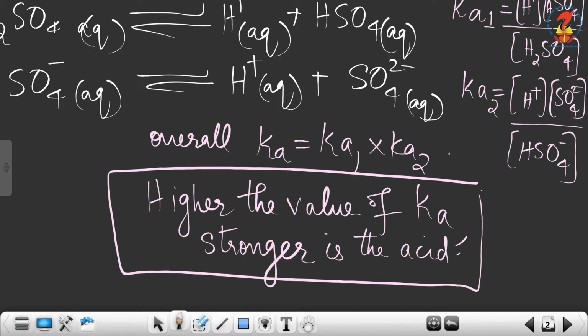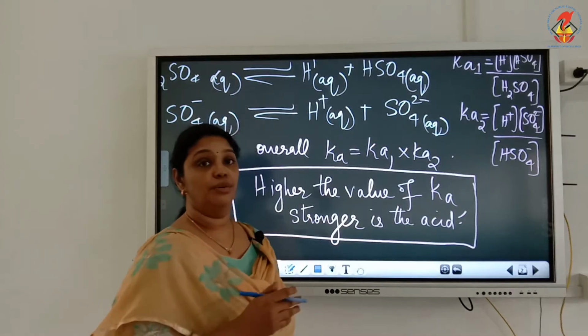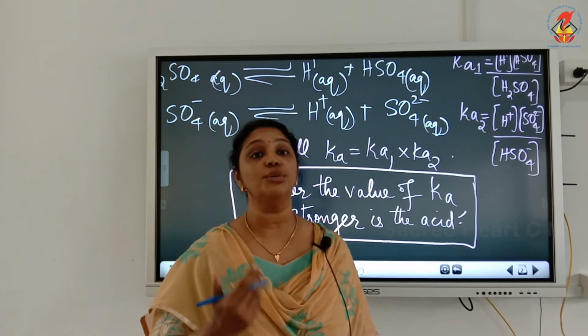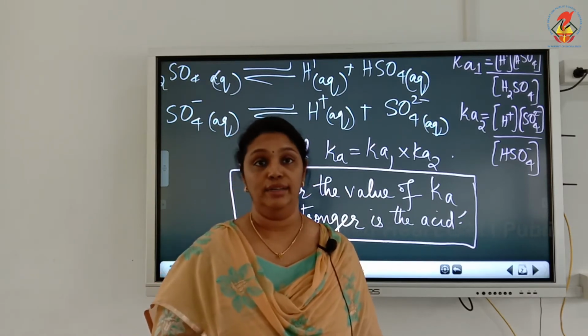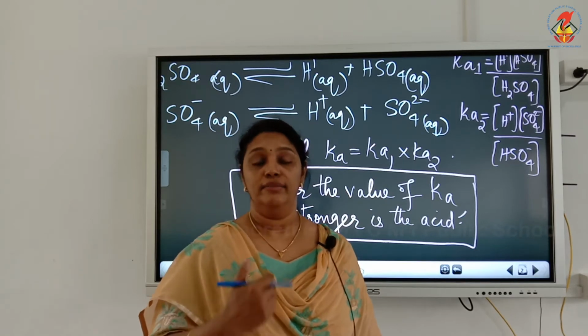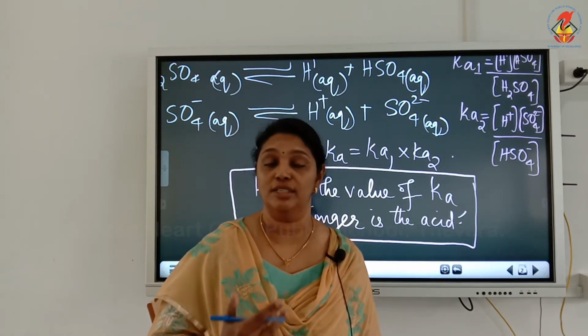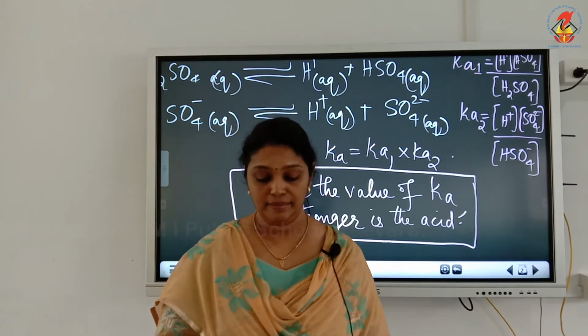This is a very important point that is to be noted. When different Ka values of different acids are given, and you are asked to arrange them in increasing order of their acid strength, we have to check. The one with the higher Ka value will be the strongest acid.